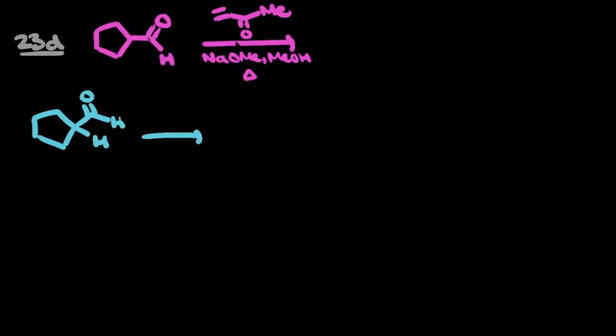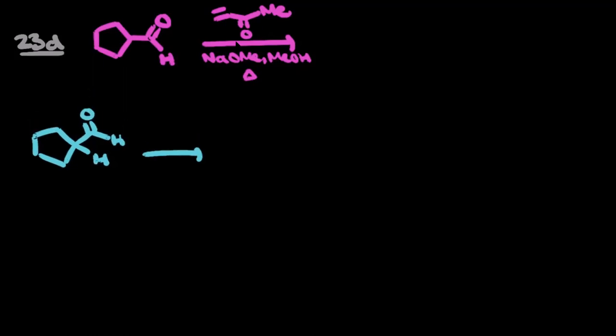Remember that your Robinson annulation is just divided into your Michael and then your aldol after, as Molly just showed you. To recap, you take your base, your sodium methoxide in this case, and end up with your enolate.